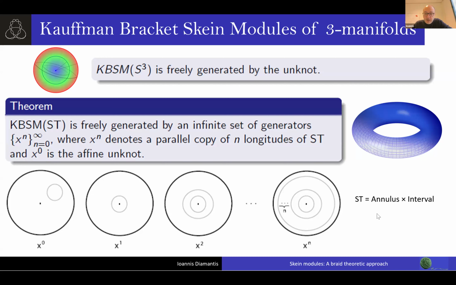Of course, we also have no crossings. Imagine that you have a knot diagram on the annulus, and you eliminate the crossings using the same Skein relation that characterizes the Kauffman bracket polynomial. You end up with a bunch of these elements. So this is the basis of the Kauffman bracket Skein module of the solid torus.